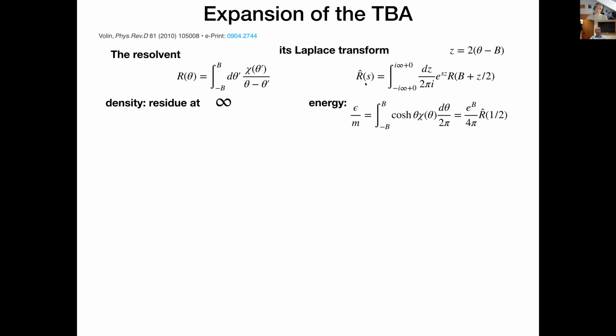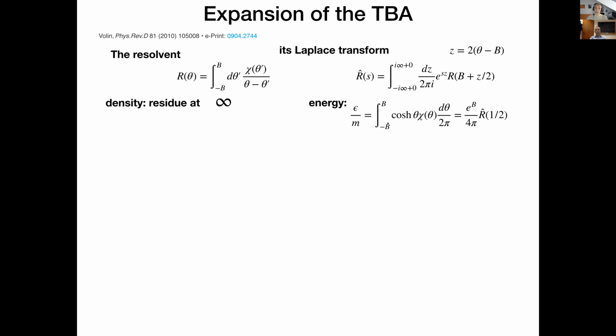And then it's also useful to introduce the Laplace transform of this resolvent, because it's easy to express the density from the resolvent itself as the residue of the pole at theta equals infinity, because this is just the integral of chi.